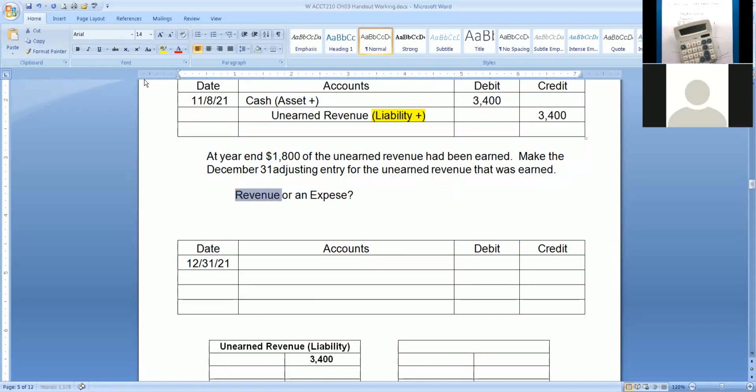Good. It doesn't matter that I misspelled it because we're not going to use it anyway. So this is going to be revenue. Revenues by definition are earned, but I'm going to put this on here anyway. There's nothing wrong with putting on earned revenue.